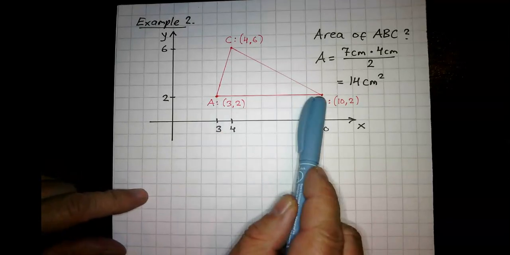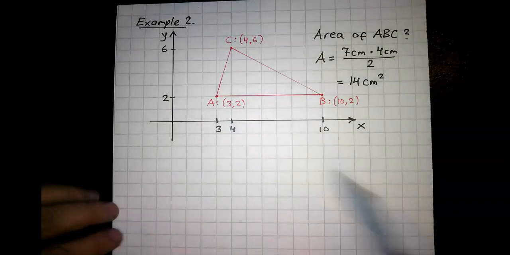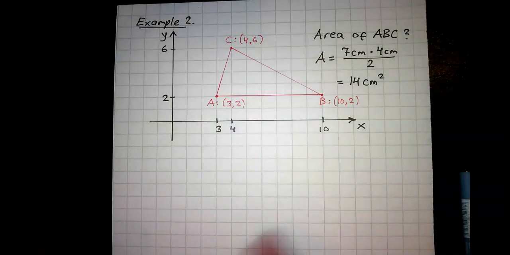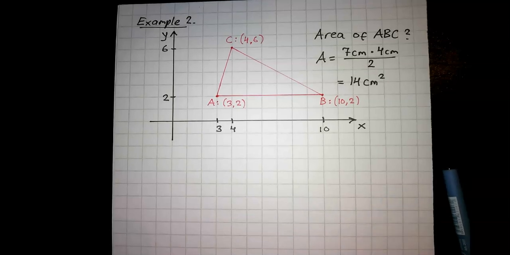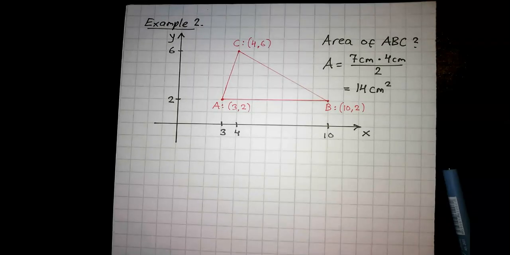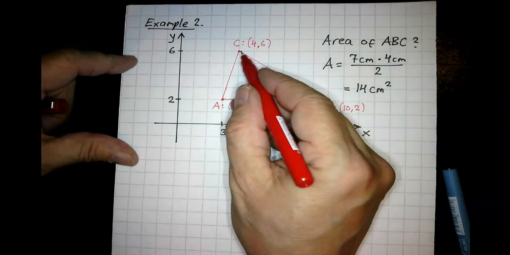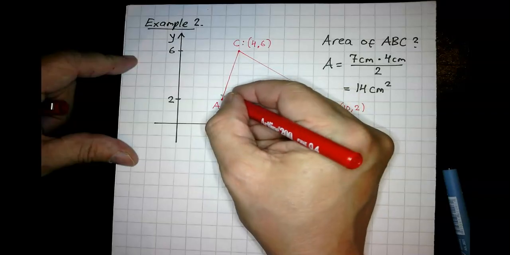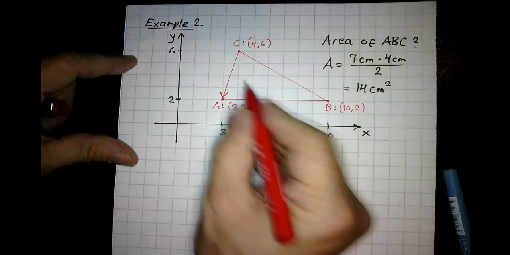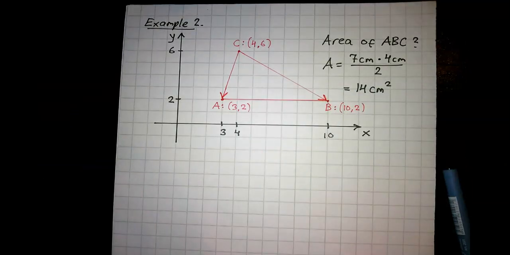It can be A, or it can be B, or it can be C. I will choose, for example, C. It is not maybe the first corner you could choose, but I will take that C there. So I will select the corner C and create the vectors from that point to A and B. But as I told you, you can choose whatever corner or vertex you like.